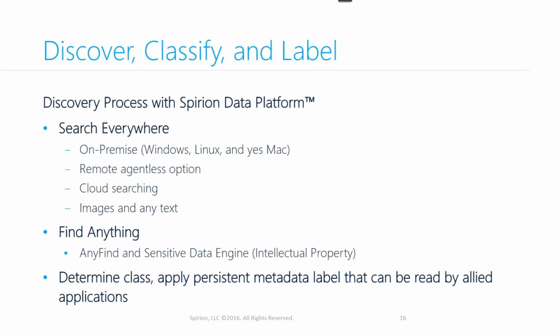So we saw that in a screenshot earlier as well, where we had tags on the data themselves. And so the ability to perform that activity means that the classification strategy that you've used, the schema that you've built, can now attach itself to the documents and the data within your environment and live persistently throughout as they move around, as they're shared, as they're copied, as they're emailed, as they're saved in other locations, and so on.